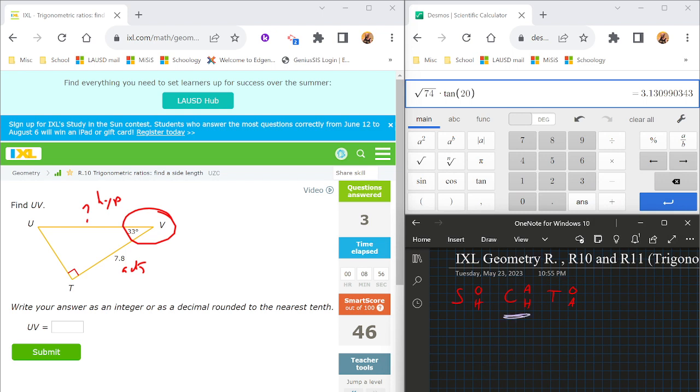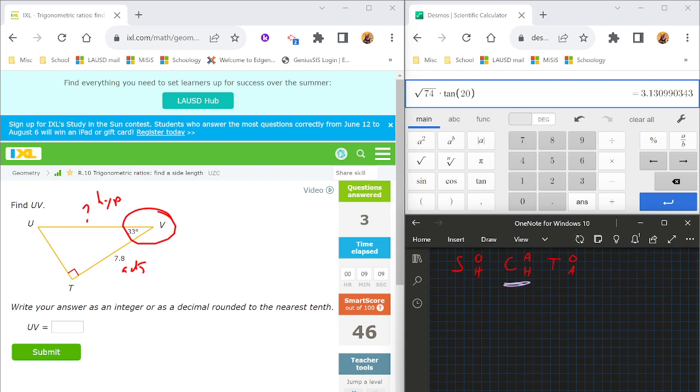And we can see there's adjacent, there's hypotenuse. Okay, so again, I'm thinking that cosine of some angle is adjacent over hypotenuse. So that's cosine of 33 degrees equals 7.8 over UV.